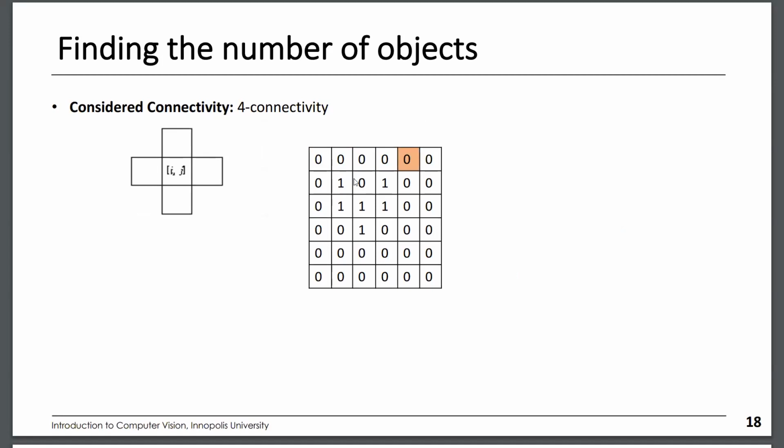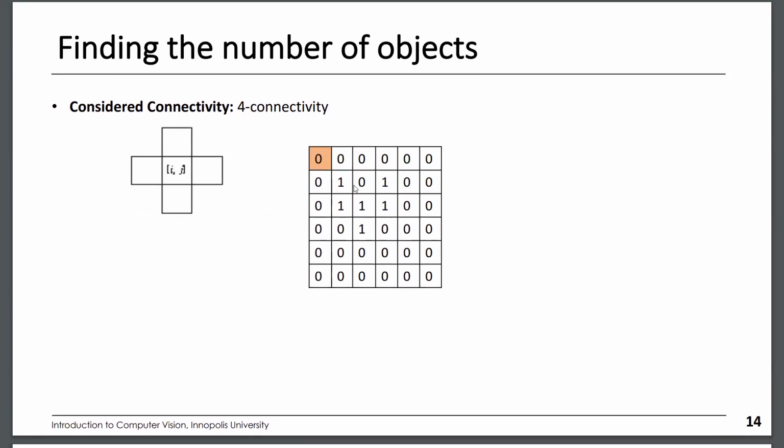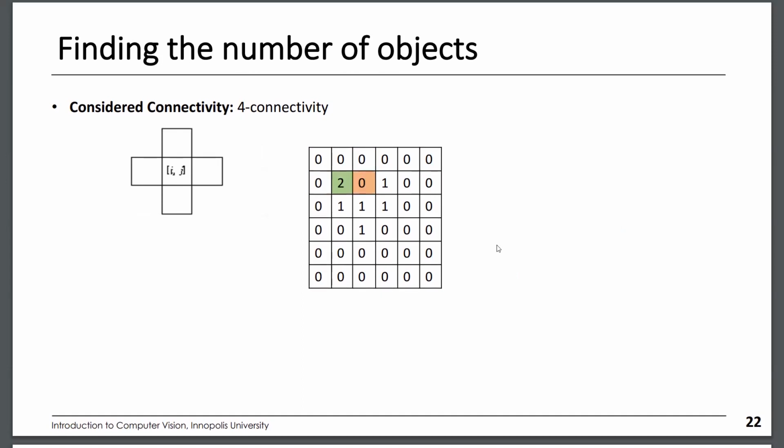0, 0, 0, 0, 0, 0, right? All of these were intentionally 0, so we don't work on them at all. This one was a 1, and as we said, this is the first one that we have, so it's not connected to anything before. We put it as 2. This is 0, very simple. Now this 1, is it connected to a previously existent label?